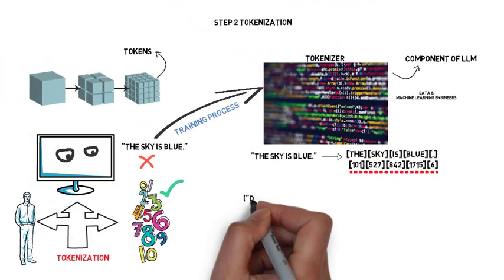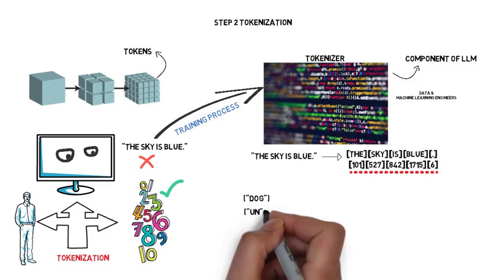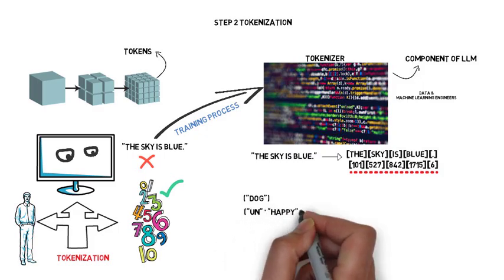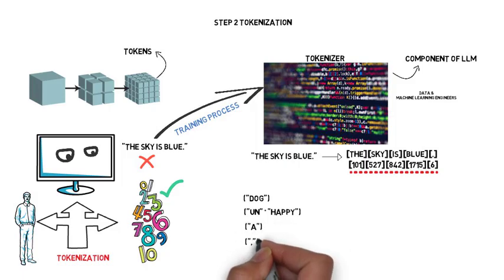Tokens created could be a whole word, like dog, part of a word, like un plus happy, a single character, like A, or even punctuation marks, like a comma. The exact definition depends on the tokenizer's rules.